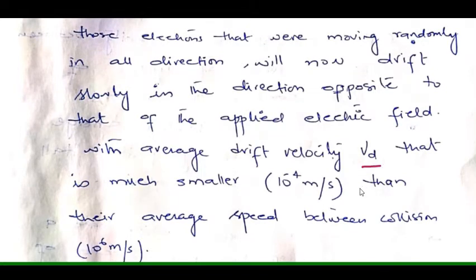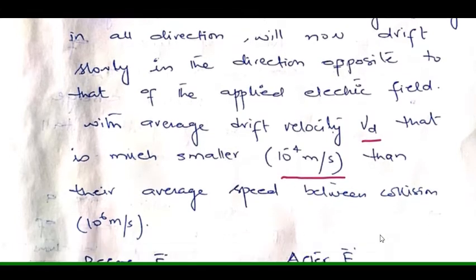The value of this drift velocity is very small, 10 to the power minus 4 meters per second, as we discussed in the previous article. We may say that the electrons are moving with the speed of a turtle or a snail, very slowly within the conductor after applying the electric field.